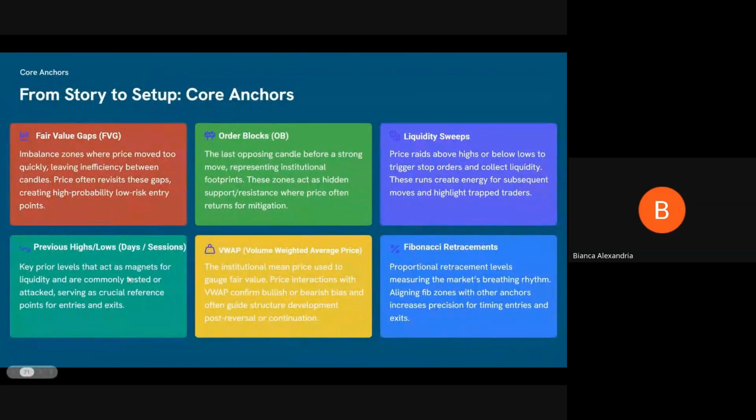All right, so here are the 6. I'll give everybody the opportunity to read these. They're fair value gaps, which are imbalances in the market. And there's order blocks, which are the last opposing candle from a strong move, which I was just referring to in the other examples. And then we have liquidity sweeps, which are raids where price literally comes in and takes stop orders and collects liquidity to fuel price in the direction that it is intended.